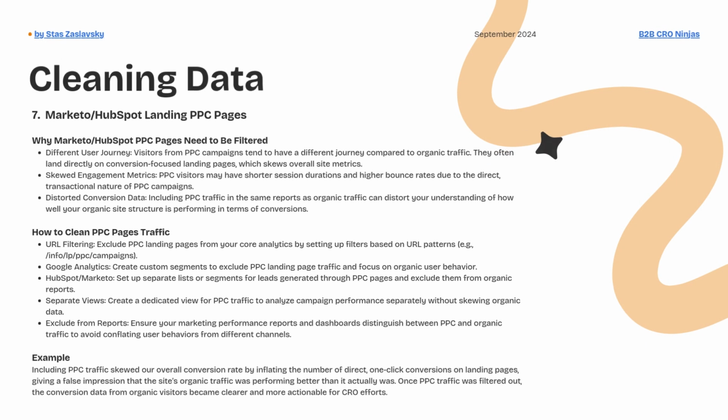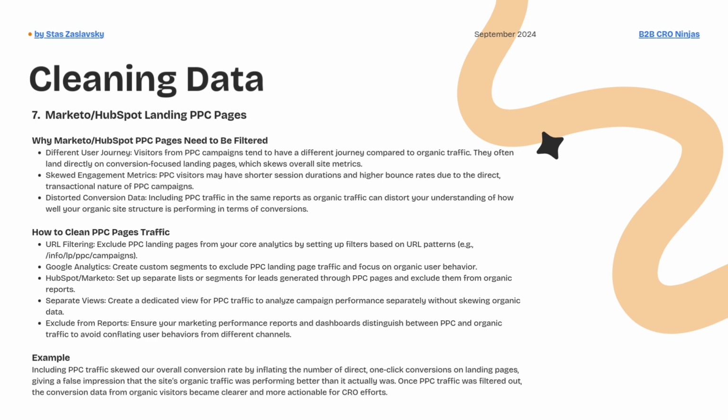PPC traffic needs to be filtered separately because visitors from PPC campaigns have a different user journey compared to organic traffic. They typically land directly on conversion-focused landing pages, which skews your overall site metrics. PPC visitors often have shorter session durations and higher bounce rates due to the transactional nature of these campaigns, which can distort your conversion data if combined with organic traffic.